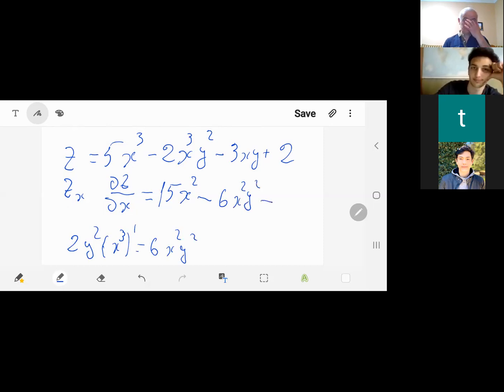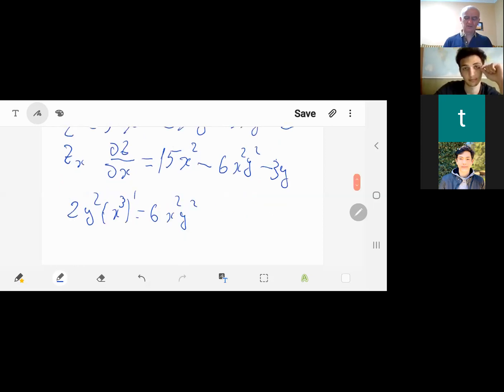Okay. Now what is the derivative of 3 times xy? Here 3 times y is constant. And what is this derivative? 3y. Yes, absolutely correct. 3y.